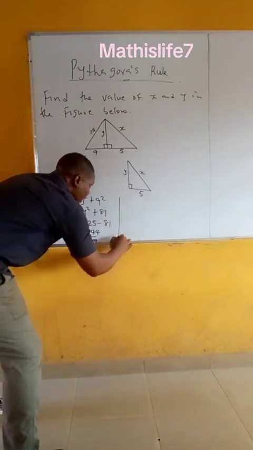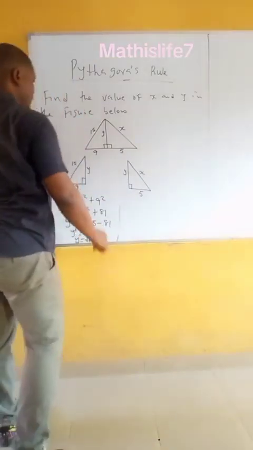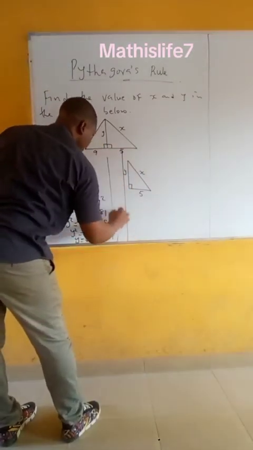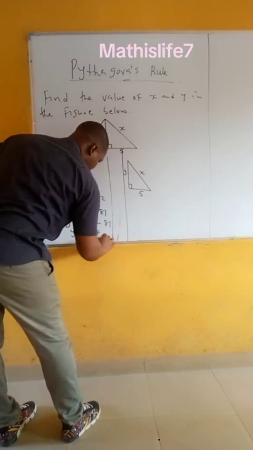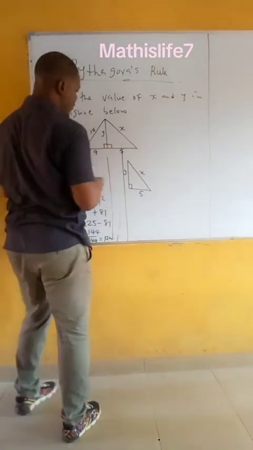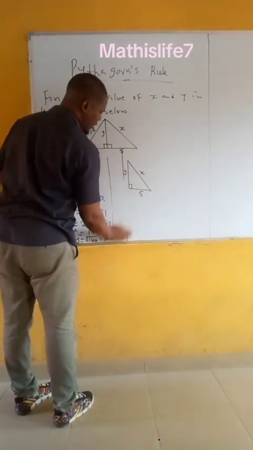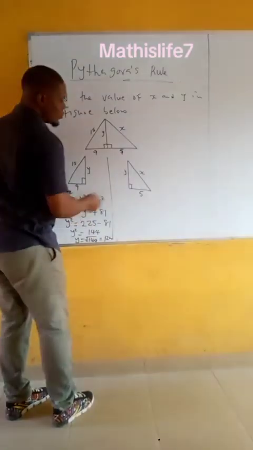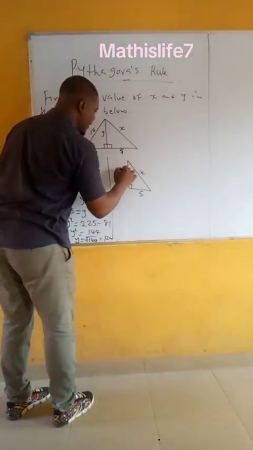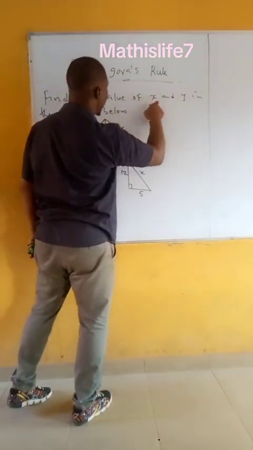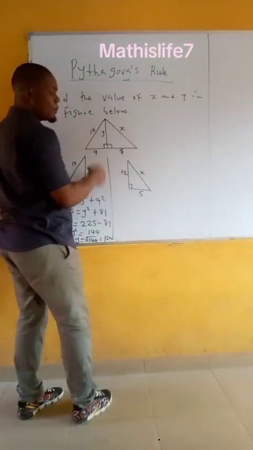And my y will be equals to 12 cm. Now observe what I have done here. I have been able to get the value of y. So this y now I can easily put here and write 12. Remember they say we should find the value of x and y in the figure below.